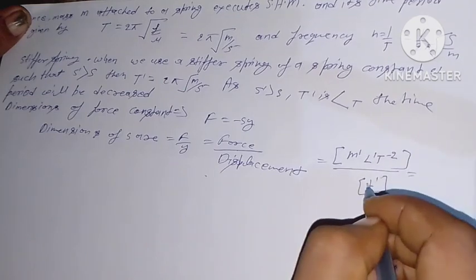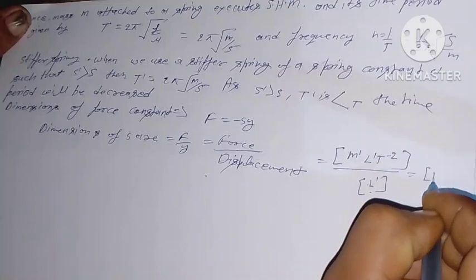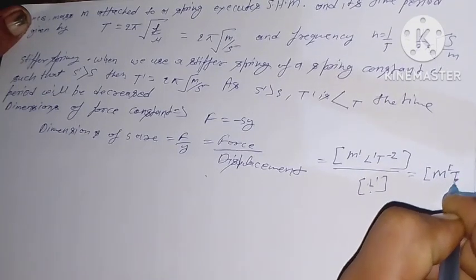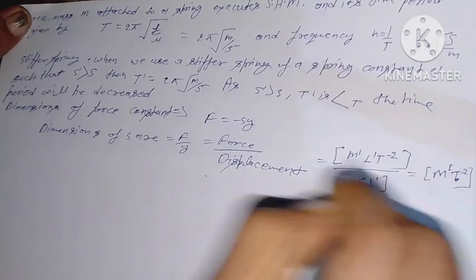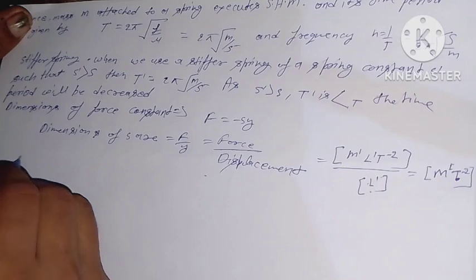Then L1 is cancelled out by L1, so that is M to the power 1 and T to the power minus 2.